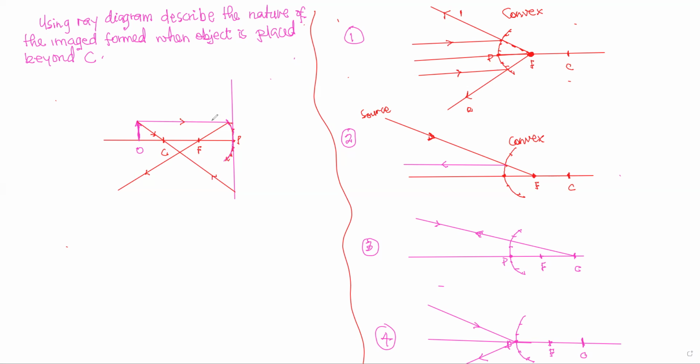Now, where two reflected rays meet or intersect, that is where the head of the image will be. Note that the foot of the object and the foot of the image is always on the principal axis. So where two reflected rays intersect, that is the point where the head of the image would also be.